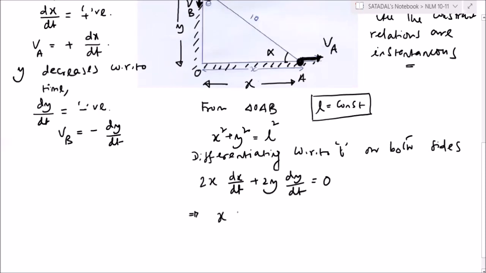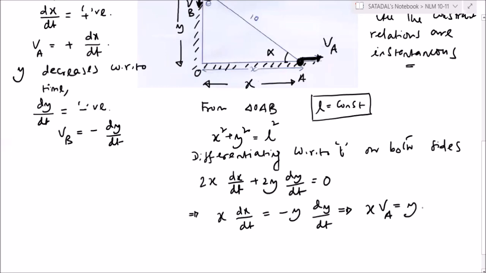So we get x dx/dt is equal to minus y dy/dt. Fine, no? Okay. So dx/dt, how much have you written? dx/dt is nothing but VA.